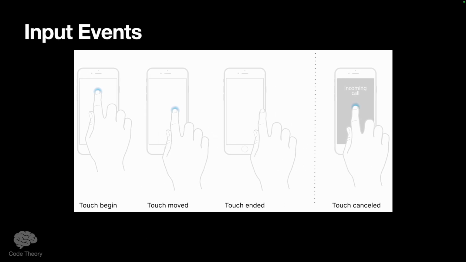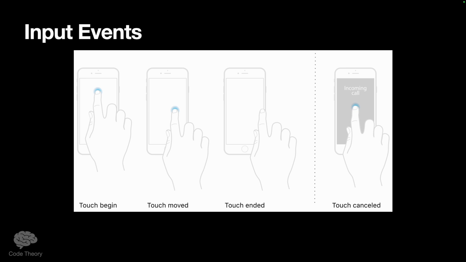Okay, so speaking of input events, there's a number of different input events that exist in iOS. For example, here is the touch input event. Specifically, touch has many different components to it. It has a moment when it begins, which is when the user first taps. It has a touch moved event, which gets fired whenever the user drags their finger around once they've touched.